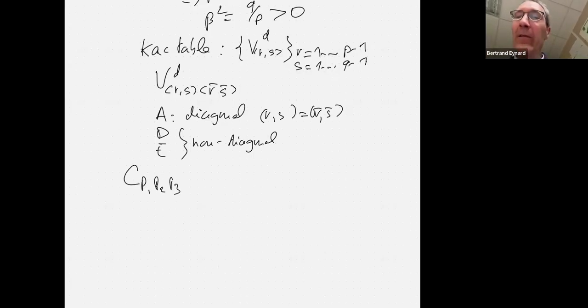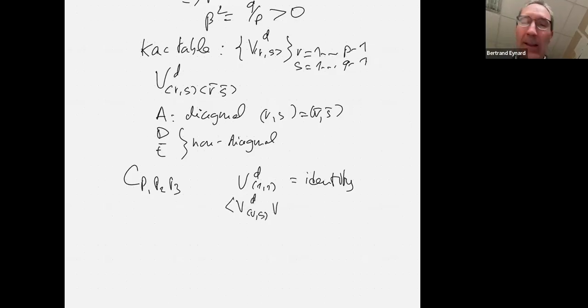In particular, in the A series, we want V_D(1,1) to be the identity. And as we saw before, there is a question of normalization. We really want it to be the identity, 1, and not some number when multiplied with another field. And also, we would like the 2-point functions to be trivial. V_D(R,S), we would like it to be 1 and not some other number. And so the solution we have for C_(P1,P2,P3) does not have these properties.